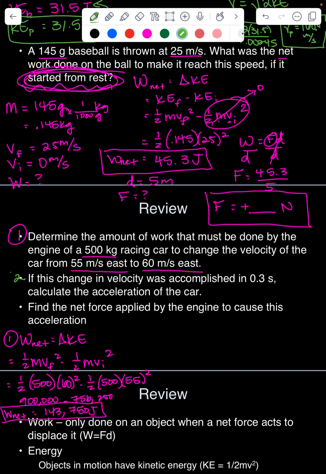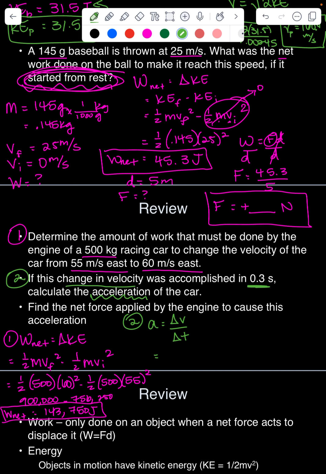Now we know that if this change in velocity was accomplished in 3 seconds, we can calculate the acceleration of the car. Acceleration is something that we covered first semester. So we have to remember that acceleration is going to be that change in velocity over our time interval.